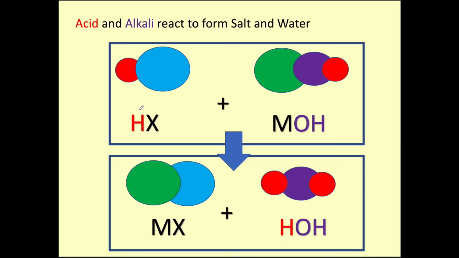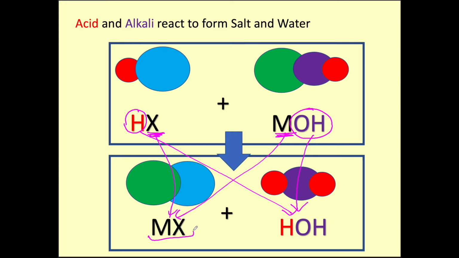These H particles that our acid is releasing react with our OH particles that our alkali releases. And they then bond to form our water, leaving the remainder, the X, whatever that might be, and whatever metal we are using in our alkali to react to make MX.